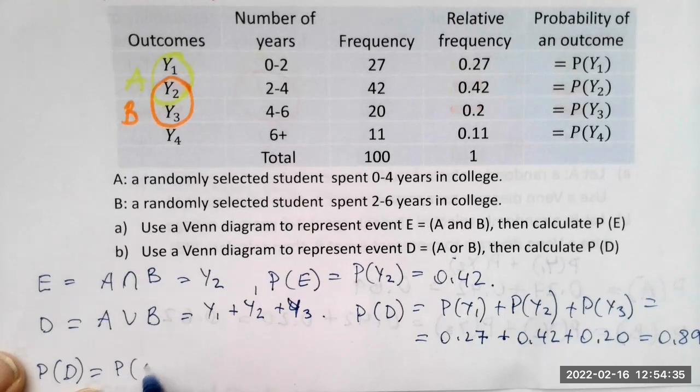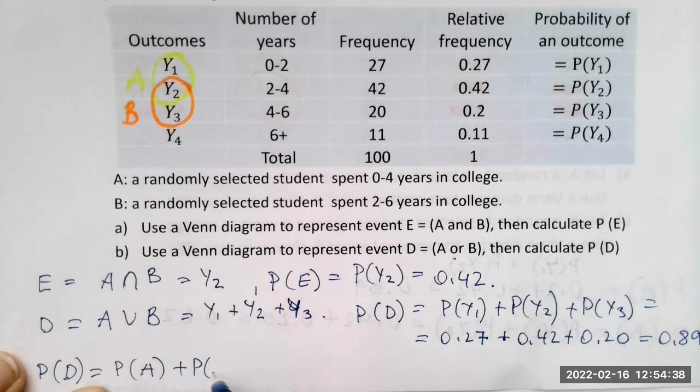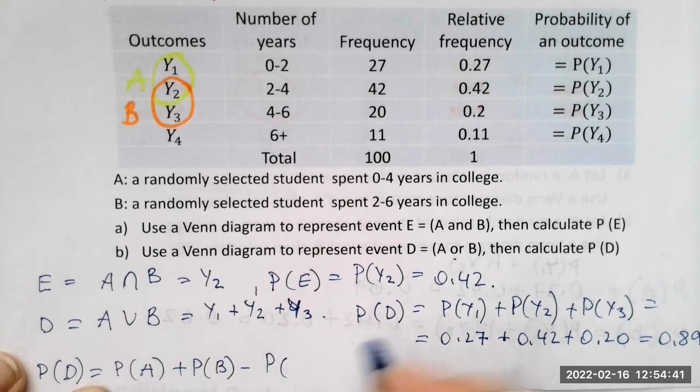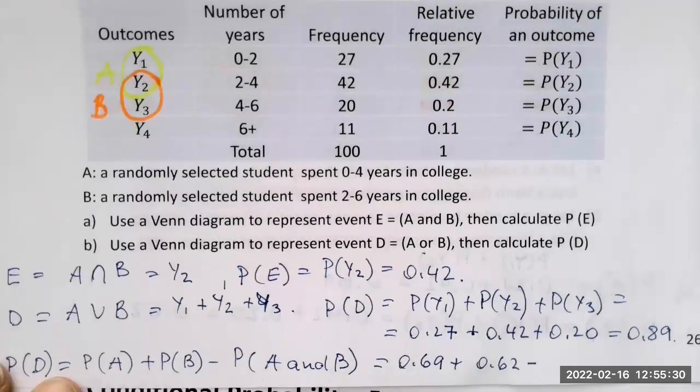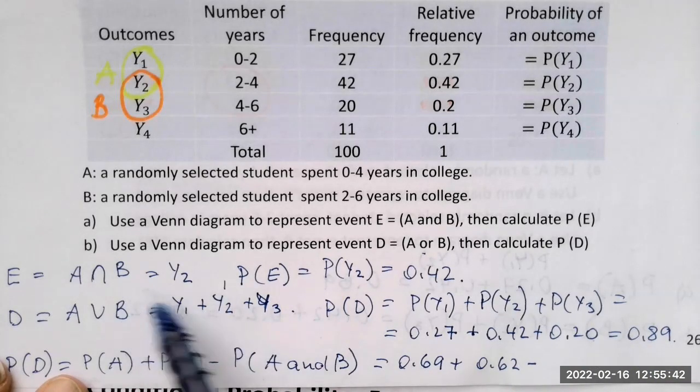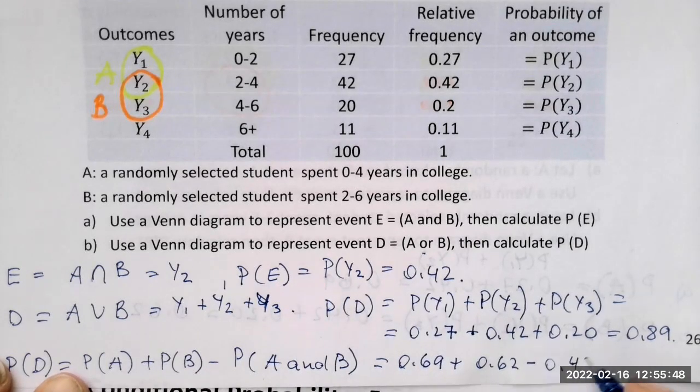It says the probability of A plus the probability of B minus the probability of A and B. We already have the values for the probability of A and the probability of B. That's 0.69 and 0.62. And then we have to subtract the probability of A and B, which we just found right here. That's event E, minus 0.42. And when we put it in the calculator, we will get the same value of 0.89.